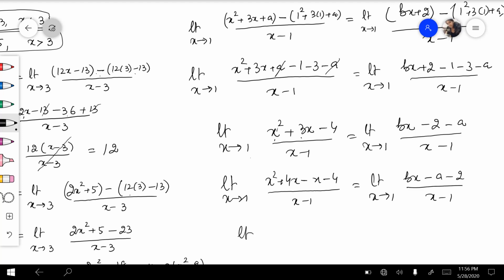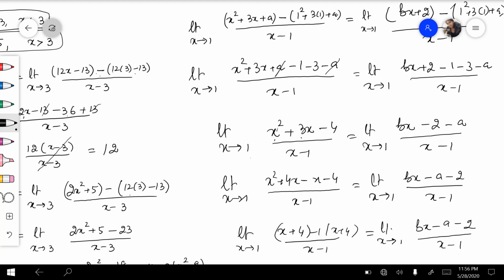This gives you limit x approaches to 1 of (x plus 4 minus 1 into x plus 4) upon (x minus 1) is equal to limit x approaches to 1 of (bx minus a minus 2) upon (x minus 1).